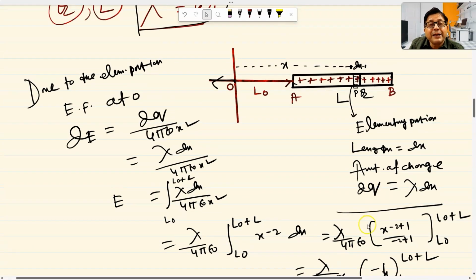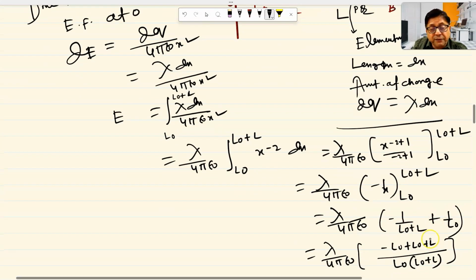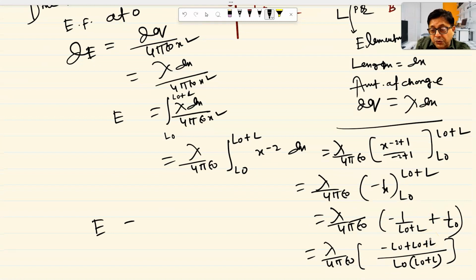So the electric field strength at the origin we found as E equal to lambda into, these two get cancelled, L divided by 4 pi epsilon 0 L0 plus L. Understood? This is the strength, 4 pi L0 should be there, this multiplied by L0 plus L. Okay?